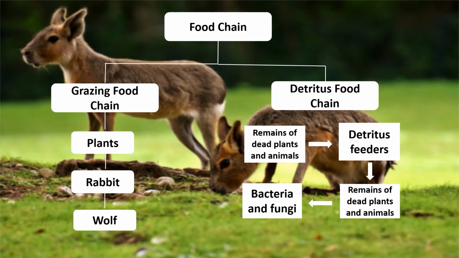These remains of the dead plants and animals are eaten or consumed by the detritus feeders, and they are again acted upon by the bacteria and the fungi. There may be bacteria which are able to digest particles of dead plants and animals.